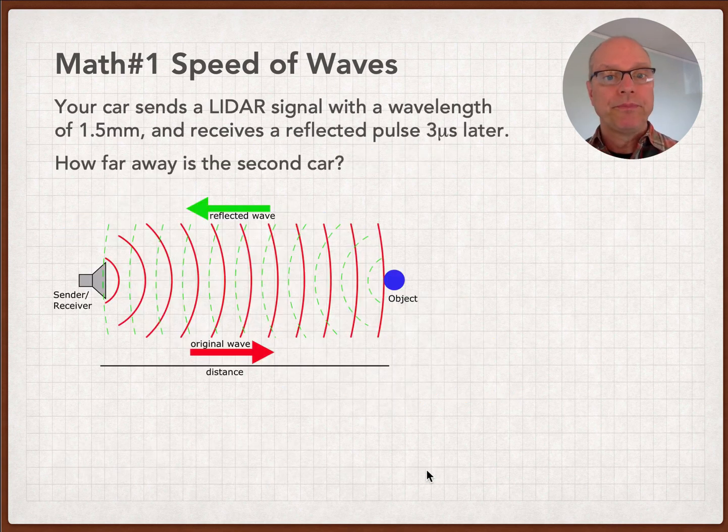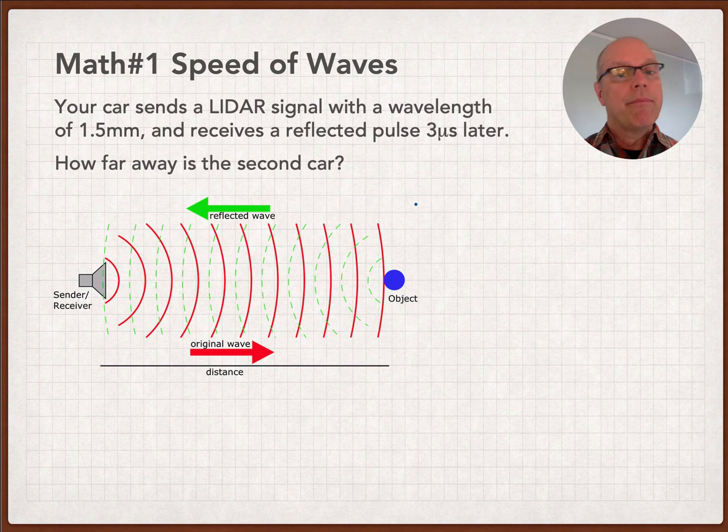So here's the example. Your car sends out a LiDAR signal. It gives us the wavelength of that LiDAR signal and tells us we receive a reflected pulse 3 microseconds later. If the question is how far away is the second car, by now the thing I expect you to be good at is that obviously we're thinking about the light wave just like it's a baseball.